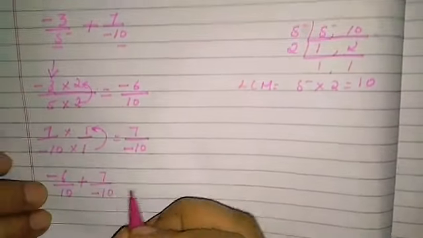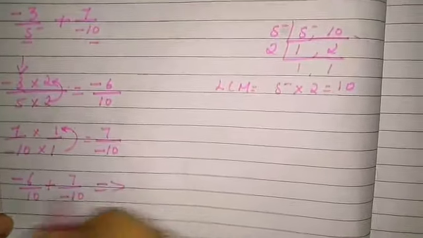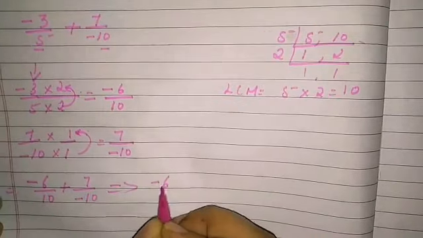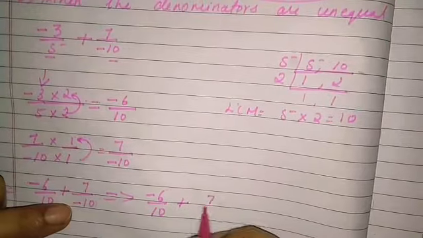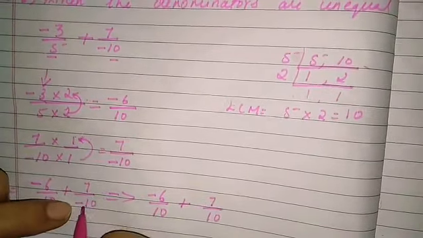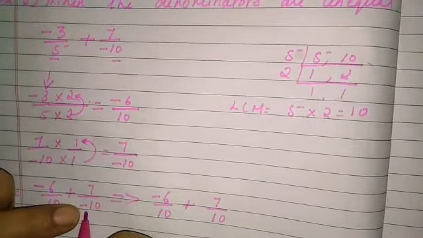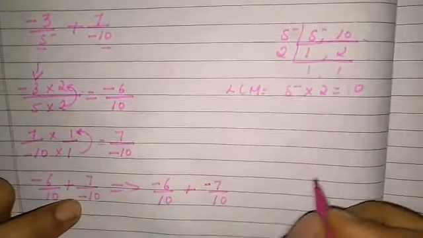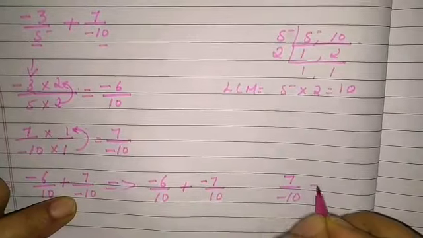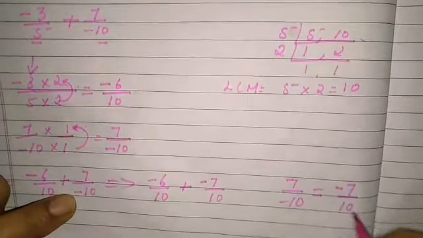So here what I'm going to do is, so minus 6 by 10 as it is, I'm going to write, and 7 by 10, and the sign of the 10, it's minus 10, I'm going to take it to the numerator, because 7 by minus 10 is equal to minus 7 by 10.